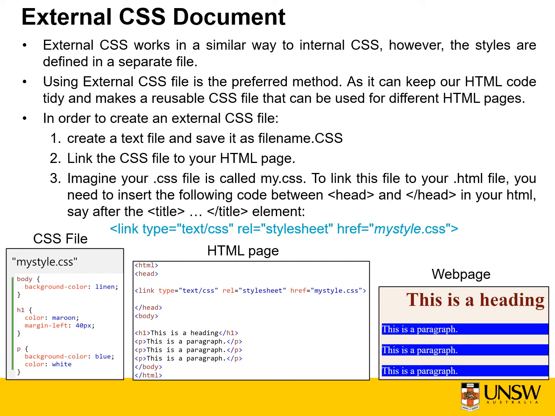Using external CSS file is a better method in comparison with the internal CSS, as it can make a reusable CSS file that can be used for different HTML pages, not only one page. In order to create an external CSS file, you should add all your styles inside a text file and save it as CSS. Then use the link tag inside the head tag of the desired pages to link the CSS file.